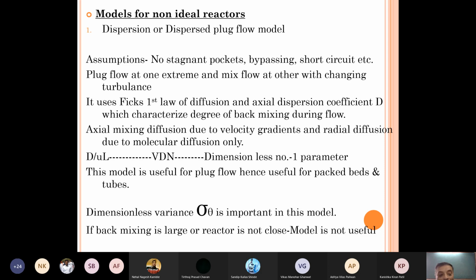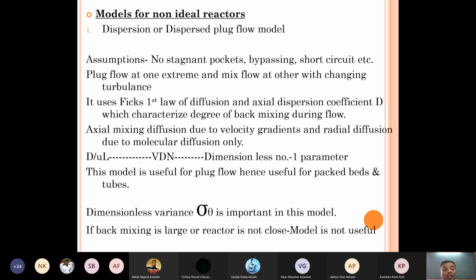Remember the assumptions. First assumption: no stagnant pockets, meaning everything moves. No bypassing, we learned what bypassing is in the first lecture. No short circuit, no recycling, no dead zone. So we are assuming ideal conditions. So plug flow at one extreme, and at the other extreme we may have mixed flow, with changing treatments.